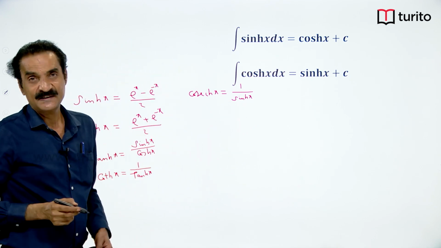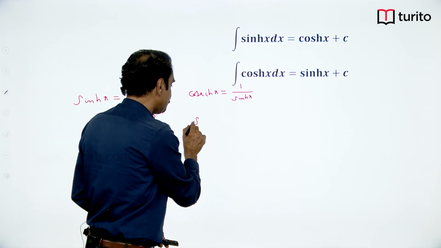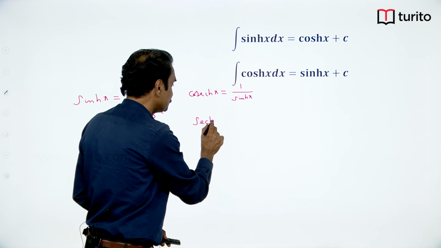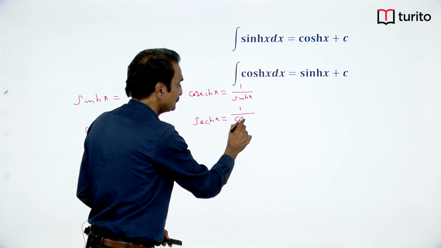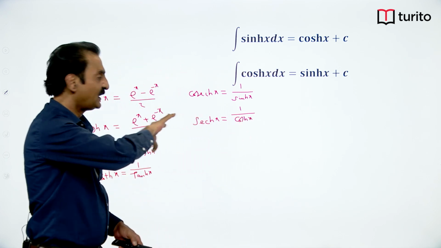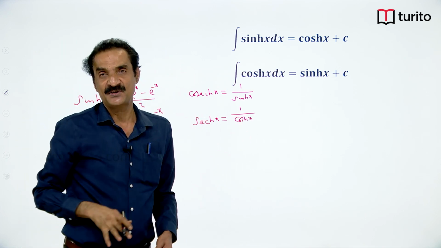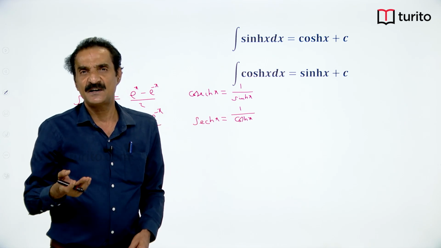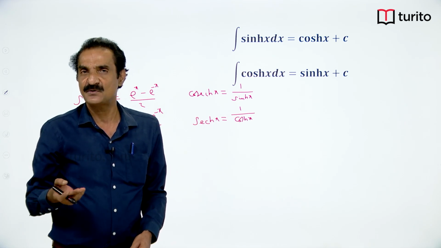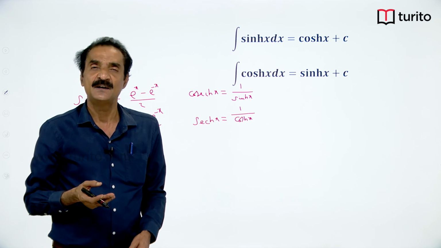And 1 by cos hx is secant hx. So, there are 6 hyperbolic functions, just like 6 trigonometric functions: sin theta, cos theta, tan theta, cot theta, secant theta, cosecant theta are there in trigonometry.